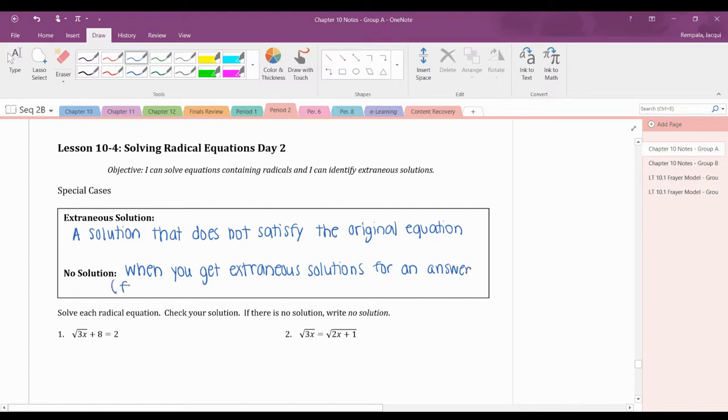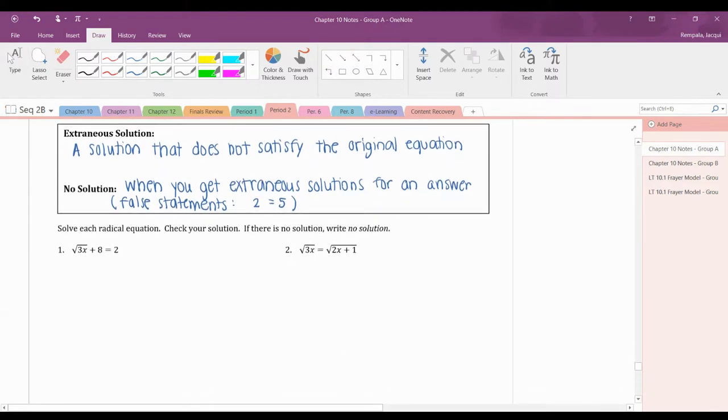Essentially, you're getting false statements, something like 2 equals 5. That's a false statement. That's why checking your solution is super important, because sometimes you don't get the two sides to equal each other.